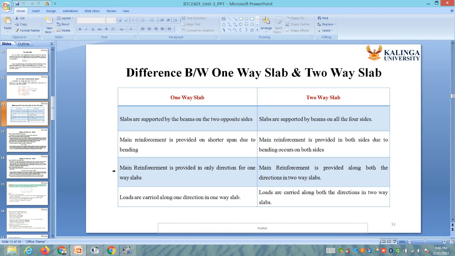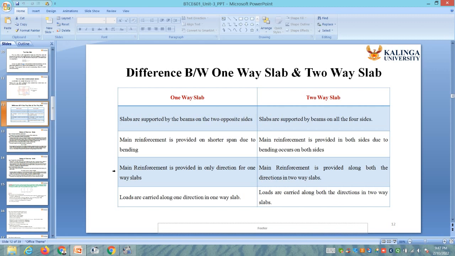So in practice it is different, but in academics it's okay that we design one-way slab when the ratio is greater than 2, we design two-way slab when the ratio is less than 1. Like this it's okay for academic purpose. But in practice a designer used to design the slabs looking at the slab panels.